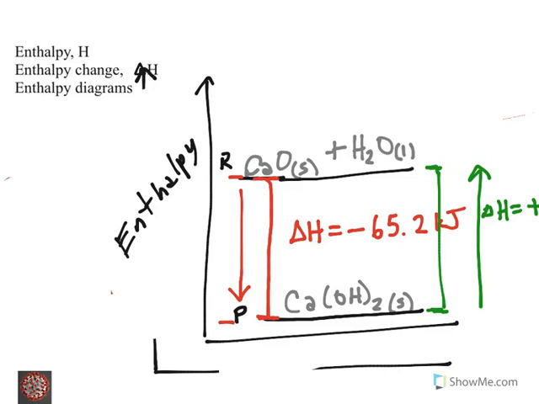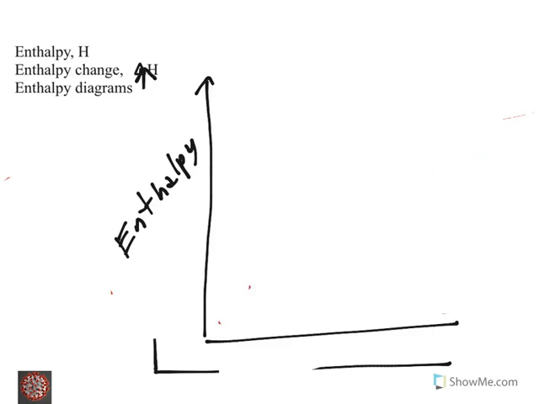And you should be able to predict what the value for delta H would be: positive 62.5 kilojoules.